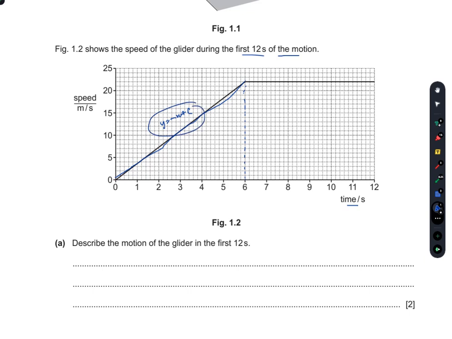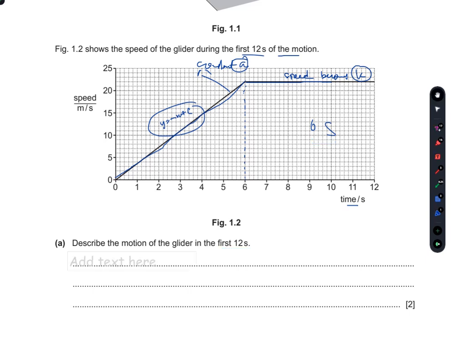What does this mean? This means that this is constant acceleration. During the first 6 seconds there is constant acceleration, and after that, the speed becomes constant. The body is moving, but the speed becomes constant in the next 6 seconds. So that's the motion of the glider in the first 12 seconds.